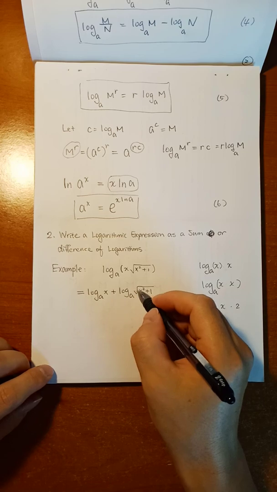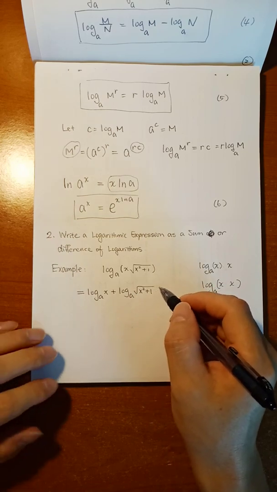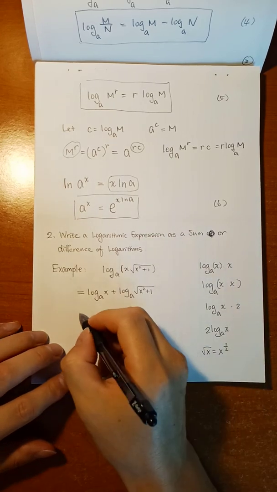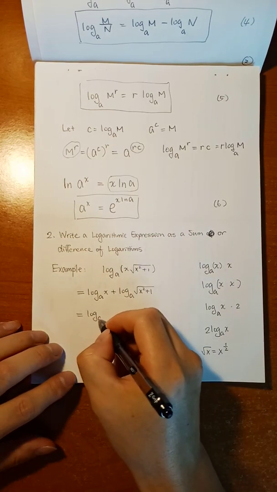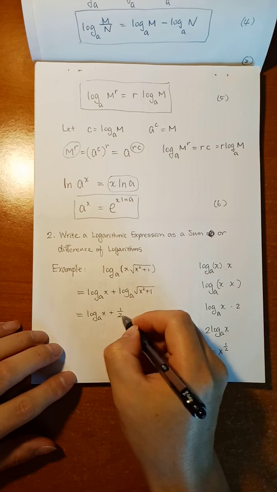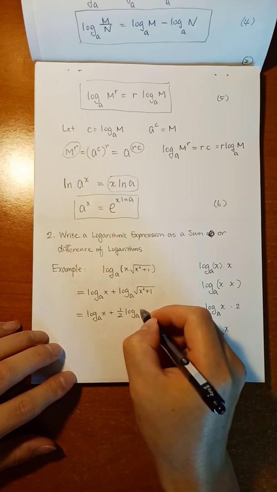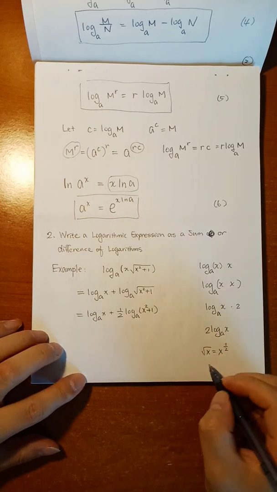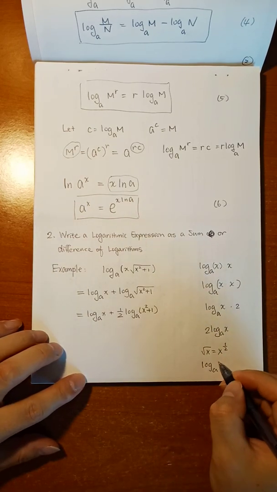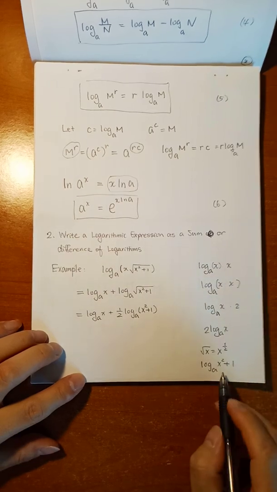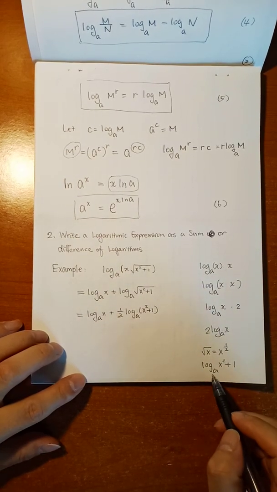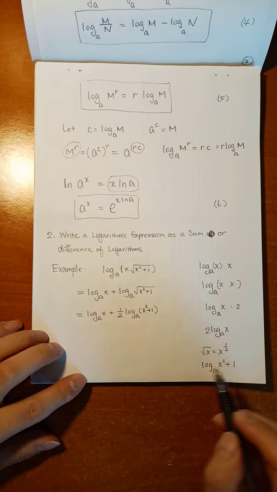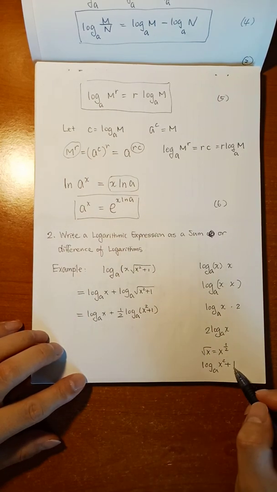And square root is power 1/2. Especially for this log of x squared plus 1, if you write it like this, I will consider the logarithmic function is only applied to x squared, not the 1. You must put parentheses to make it clear.